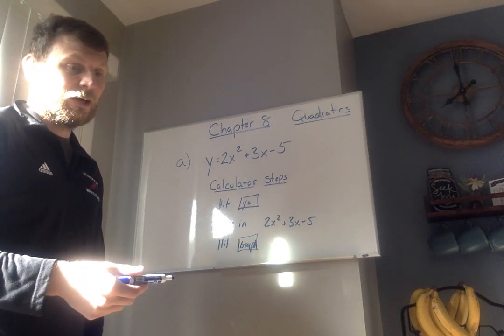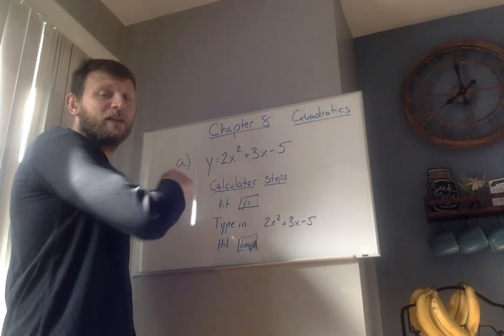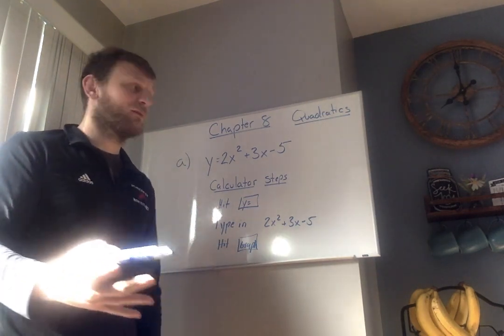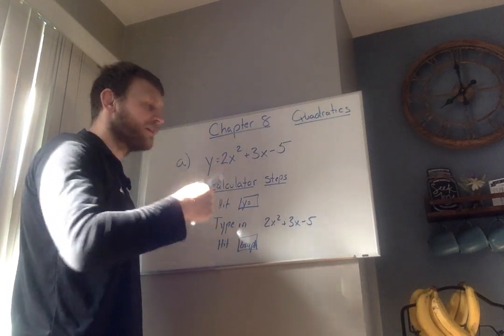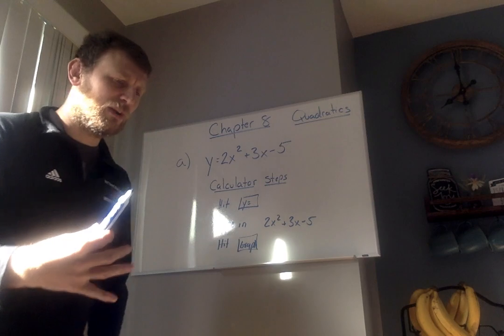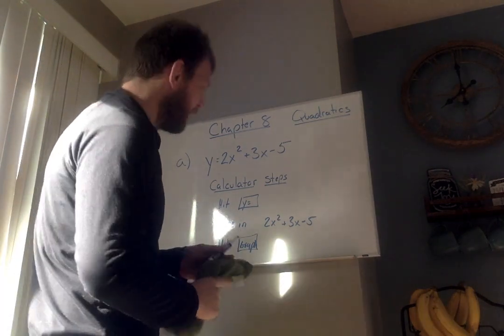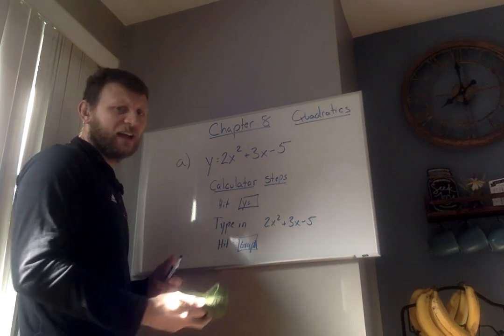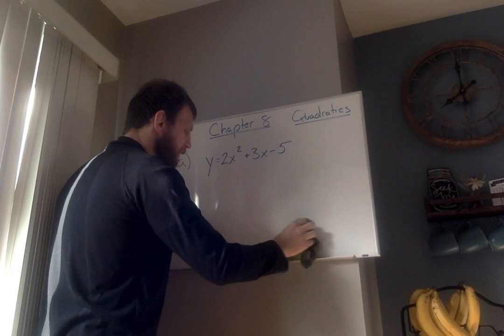Basically, in all of these, it's when y is 0. That's what I'm looking for, what value of x makes y 0. So I'm looking for the intercepts. You guys can go through and approximate them. I'm going to see if I can do it through factoring. But these are your steps that you can use to lead you into graphing on your calculator.